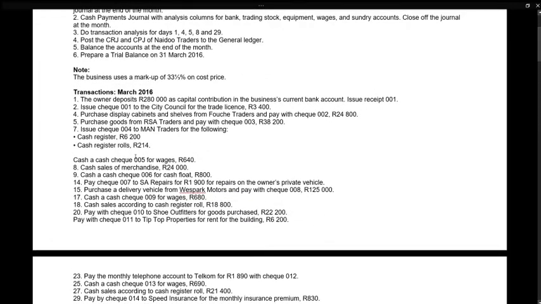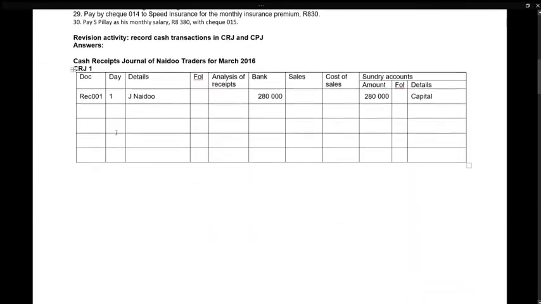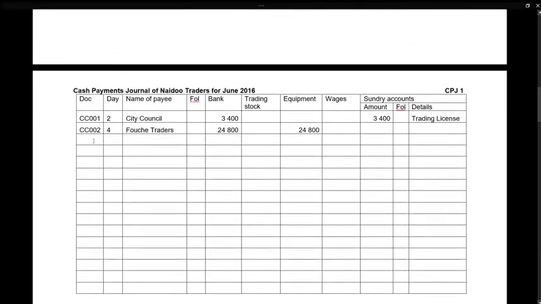Next transaction took place on the 5th. Purchase goods from RSA Traders and pay with check 003, 38,200 Rand. Goods will be known as trading stock. They use a few words for trading stock. It's either trading stock, goods, or merchandise, which they most often use. Different words, but they will all go to the same account.